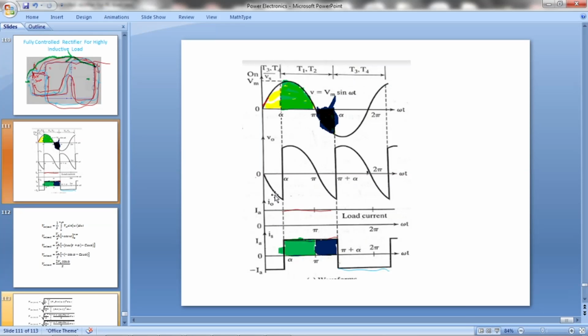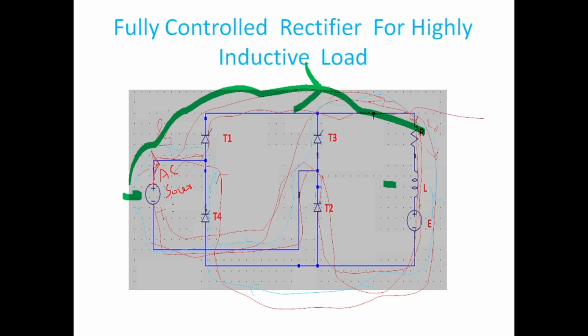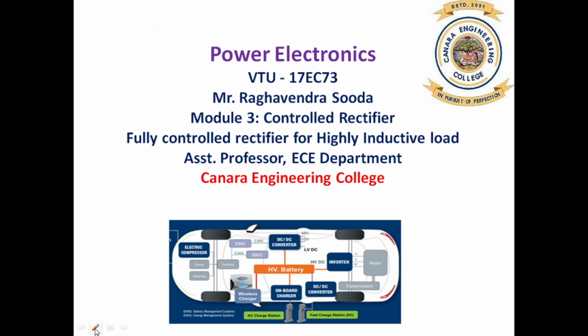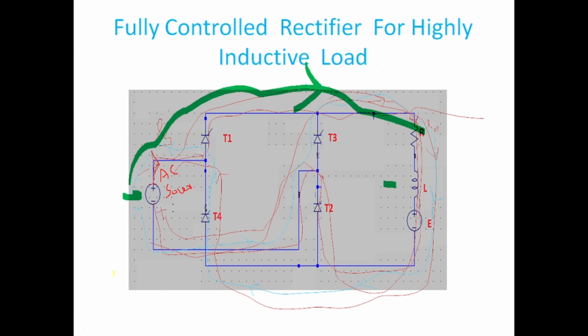So after pi, the power flow is in the reverse direction. So power flow is in this way, from pi to pi plus alpha. The power flow is from load to source.